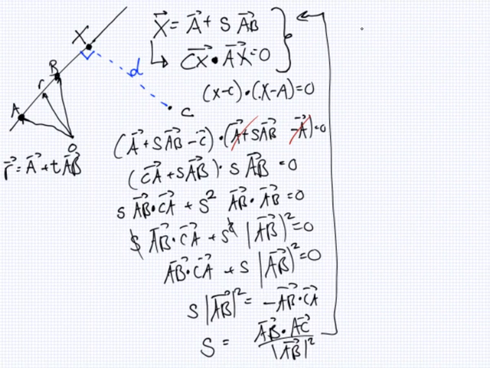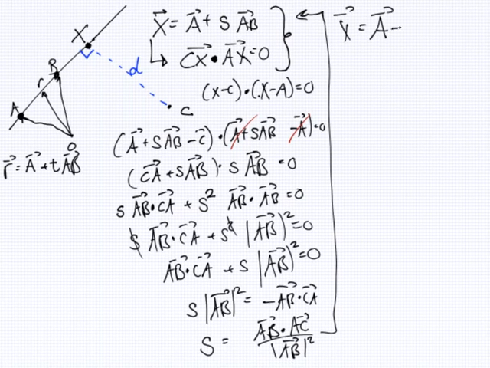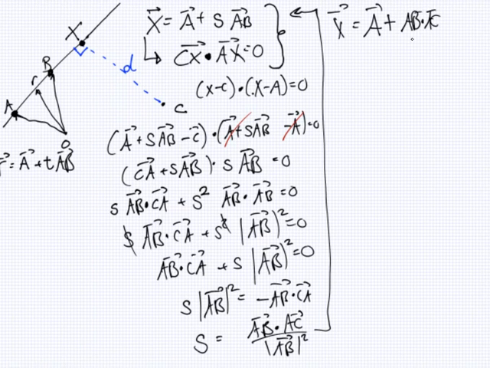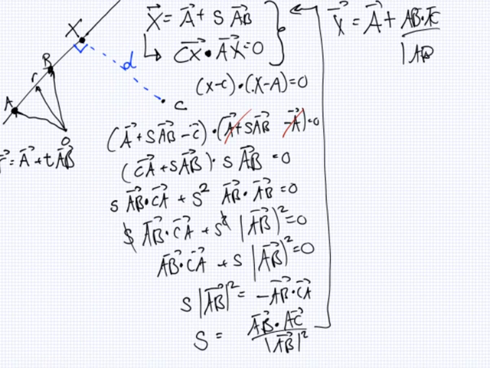So now I get X equals A plus S. S we know. S is AB dot AC over magnitude of AB squared, times AB.